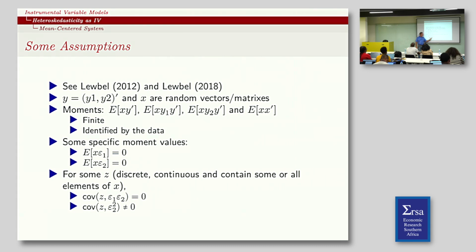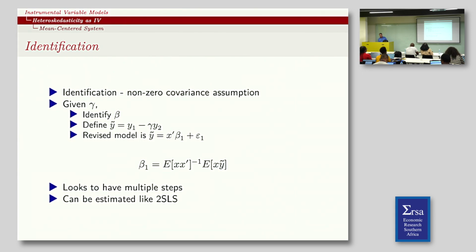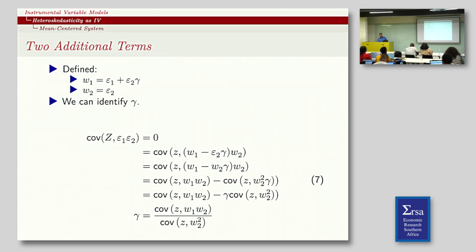In order to use this as an IV, I need a moment restriction, and this is the one that matters. I need Z to also be uncorrelated with this cross product of the error, and this is kind of a mathematical result, right?